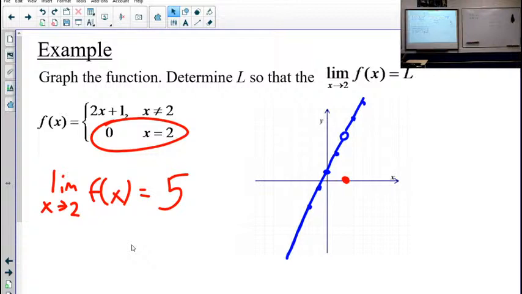And as I'm coming at it from the left-hand side and the right-hand side, we're getting closer and closer to 5. The y values are getting closer and closer to 5, if I were to graph that. So that's that idea of a limit.